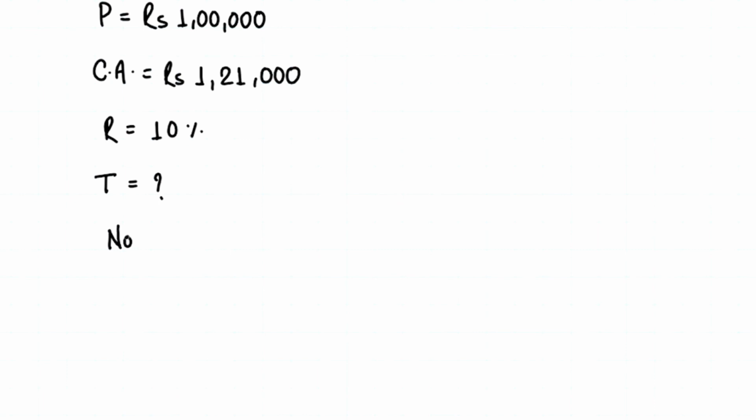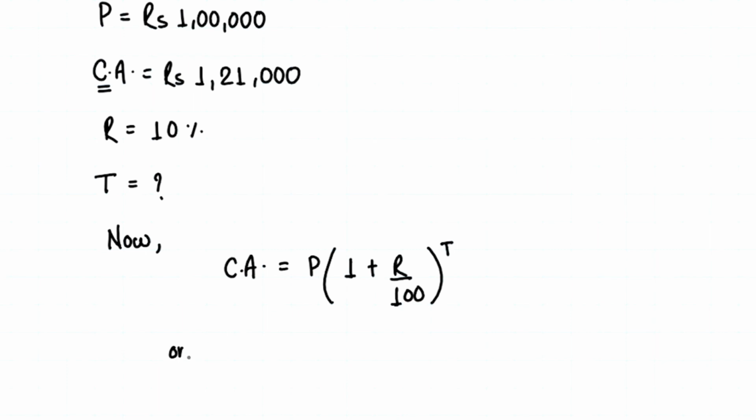Now, what we are going to do is we are going to use the formula of compound amount to find the value of time, because compound amount is given in our question. And we know the formula of compound amount is P bracket 1 plus R divided by 100 bracket close T. Now let's just put all the values over here.